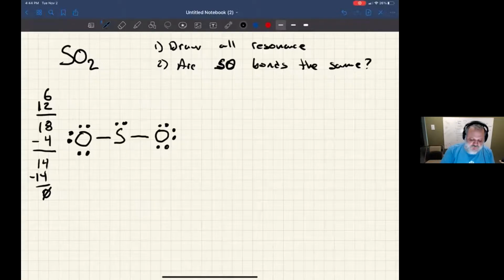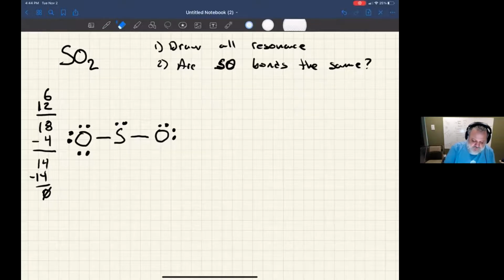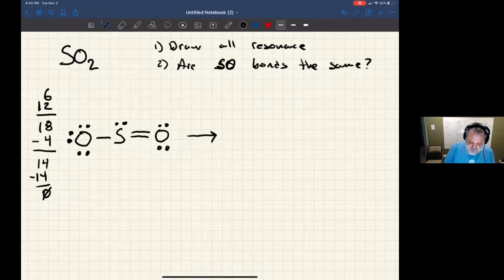So what do you do when you've used all the electrons and you're still missing an octet? Well, you erase some electrons and you make double bonds. But doesn't it seem like I could have chosen to make the double bond in this location?